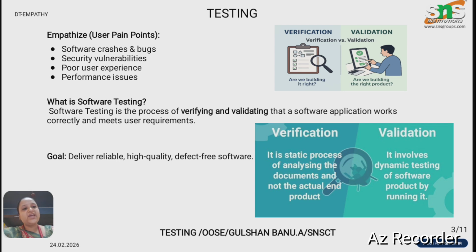Verification is checking the process during the production stage itself. Validation is a process in which you will be processing the statement, and you will be seeing whether the process is correct or not. This is the difference between verification and validation.